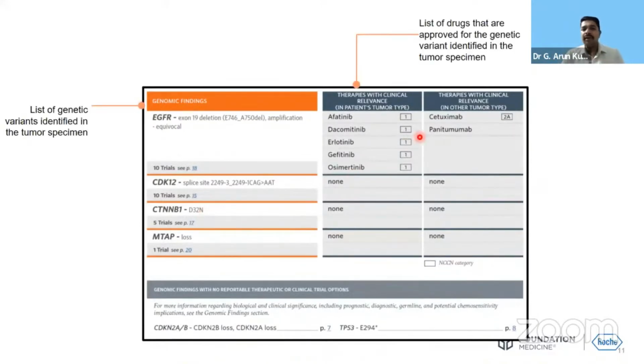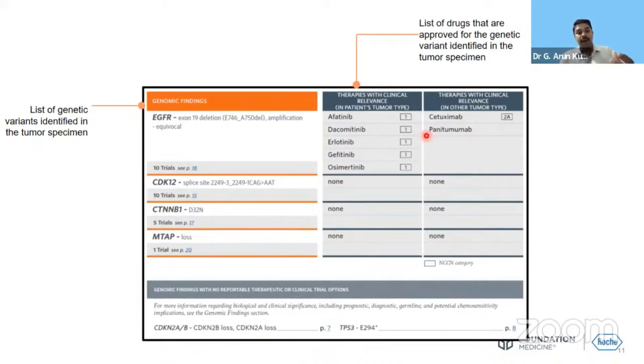The drug recommendation comes like this, wherein you have two columns. One is the list of all the drugs that are relevant to the patient's tumor. This is in line with the AMP classification, the Association for Molecular Pathology classification, where tier 1 variants are those which have a direct FDA-approved drug for the particular tumor type. Tier 2 variants are those which have therapeutic significance in other cancer types.